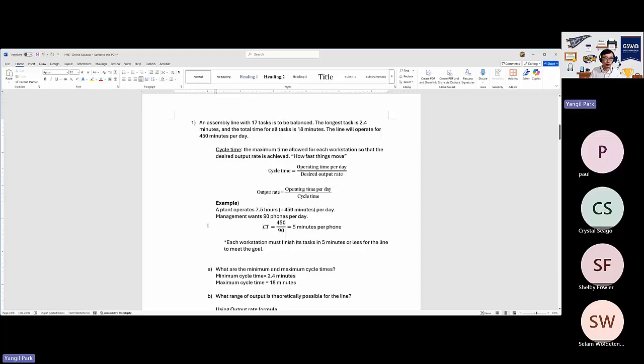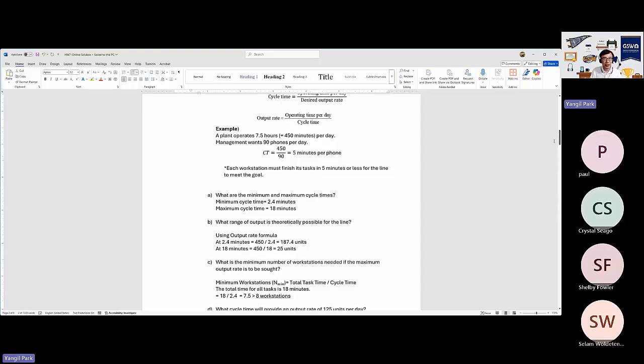To begin with our actual problem 1, what's the minimum cycle time? It's given as 2.4 right here, and the maximum cycle time is given again, 18 minutes total. Then what's the range of output for the line?